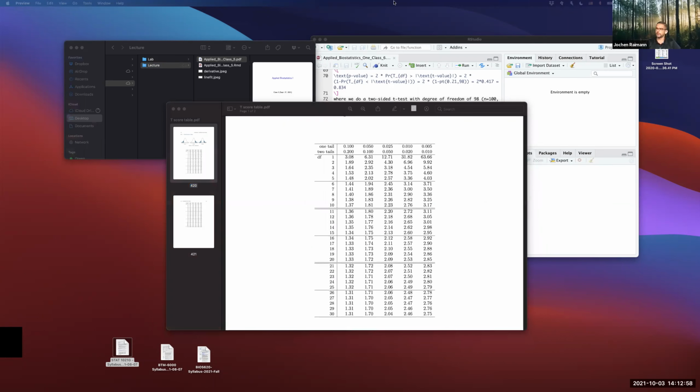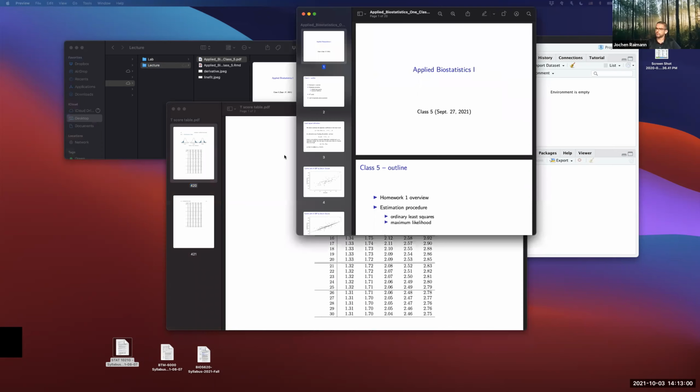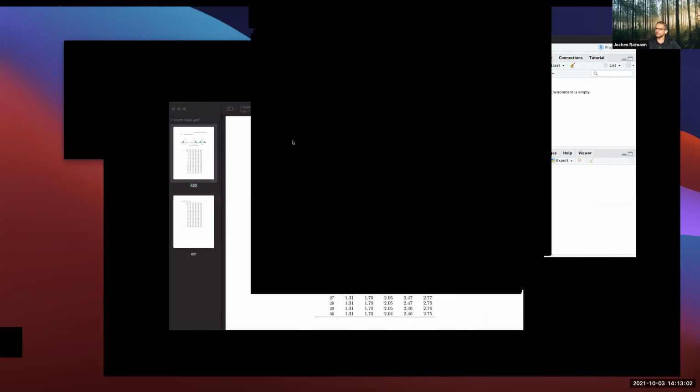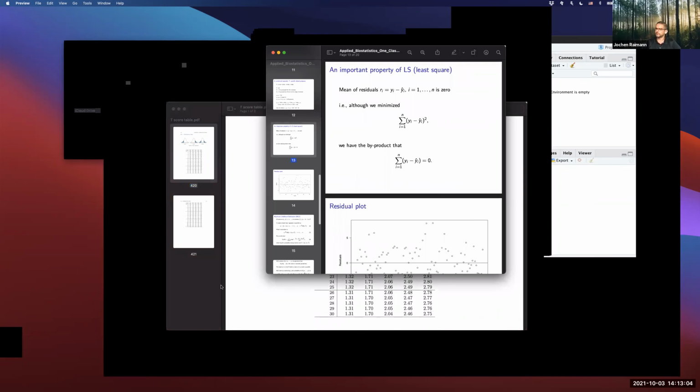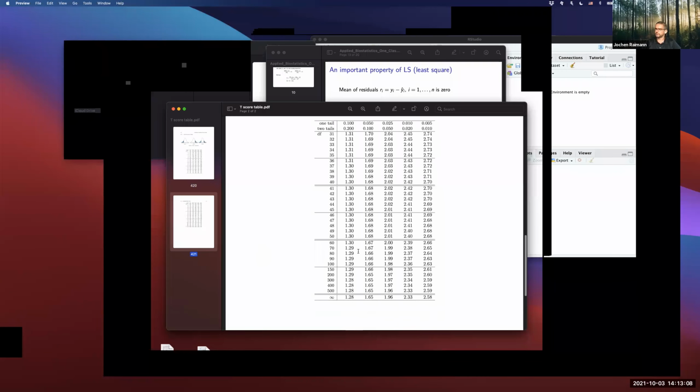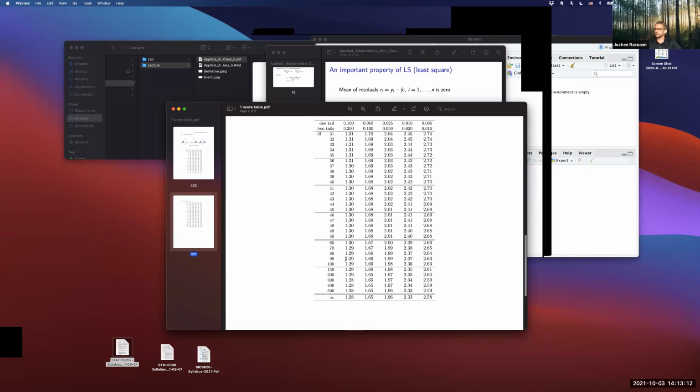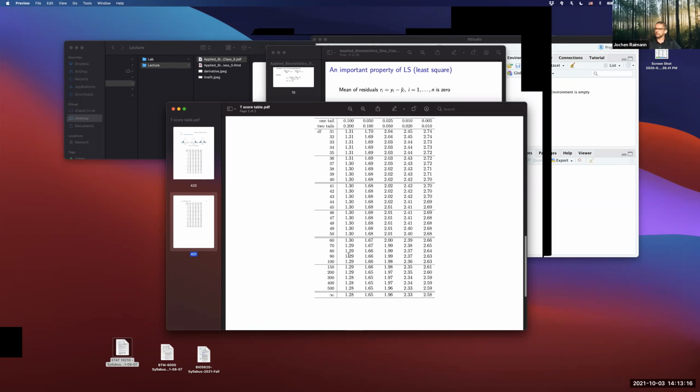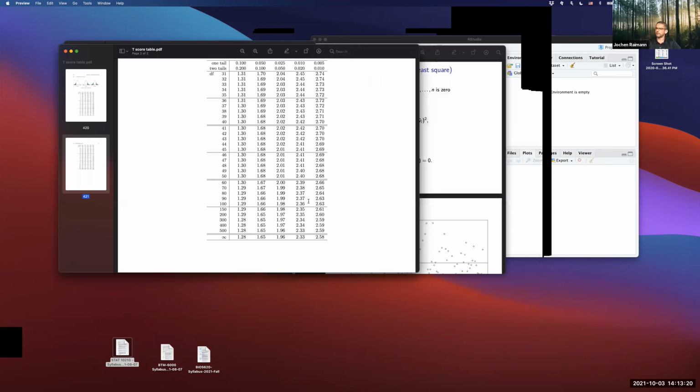Yeah, so back. Minus 0.21 is essentially with degrees of freedom of 98, substantially smaller than what the critical threshold would be.